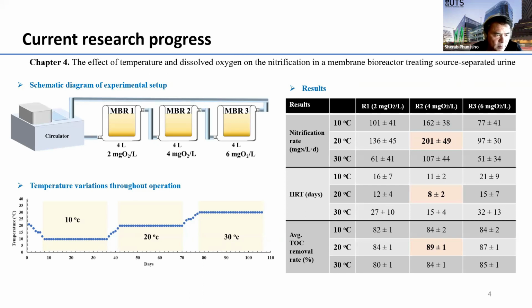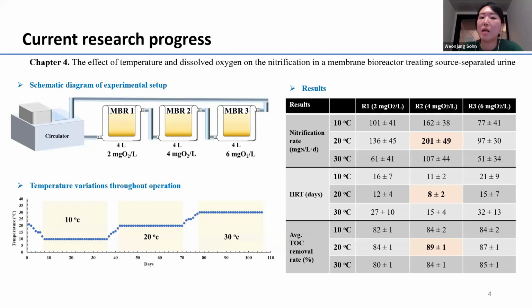Does it mean MBR1, MBR2, MBR3? Yeah, R1 is MBR1, and MBR2, MBR3. I think I didn't change it. Try to maintain it similarly, because it looks like R1, R2 are a little bit different. Here I was just wondering why, because you said your probable cause for the reduction in nitrification at 30 degrees Celsius is likely because of the nitrite accumulation, right?